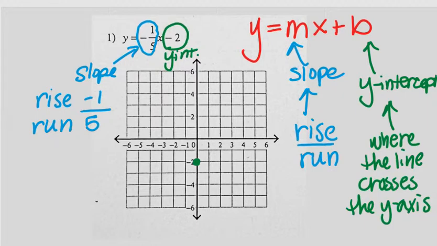So from our beginning point, I'm going to go down 1 and to the right 5. That's going to get me my next point. So we start at the y-intercept and then we use the rise over run, the slope, to find the next point.